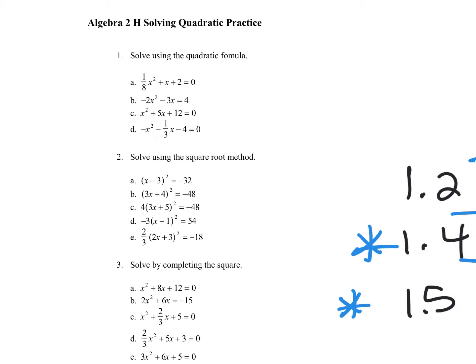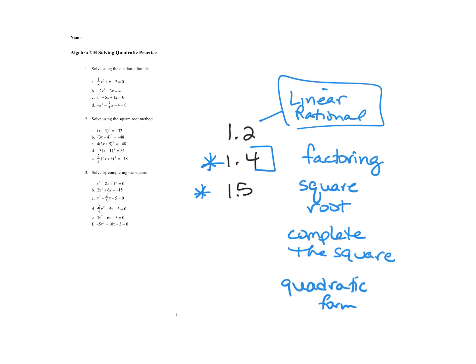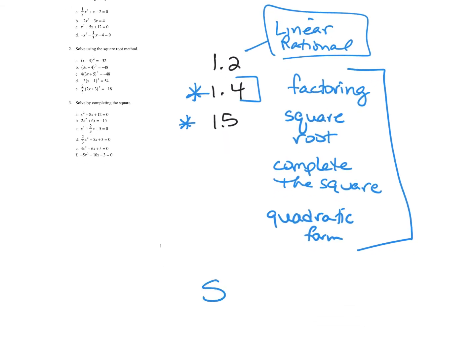Now, for the section 1.4, there's going to be questions where it's going to specify which one of these to use. And then there's other questions where it's just going to say solve.